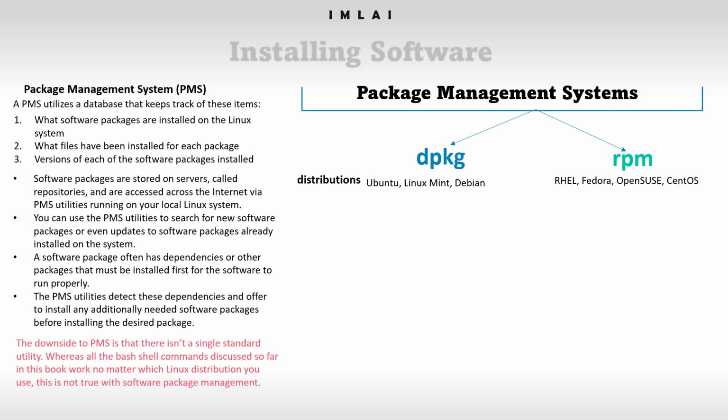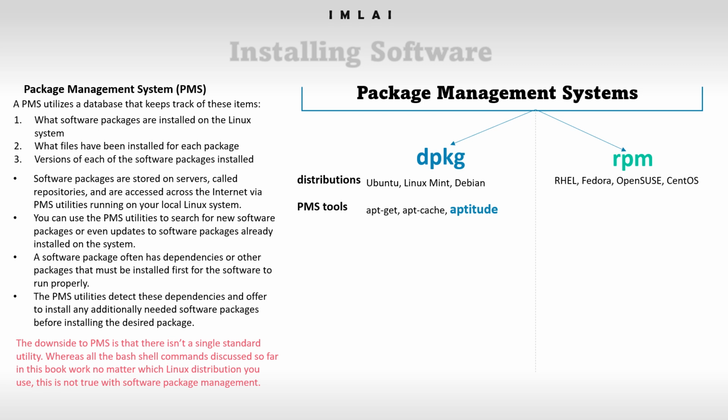The dpkg command is at the core of the Debian based family of PMS tools. Other tools are included in this PMS: apt-get is one PMS tool, apt-cache is another, and aptitude is another.